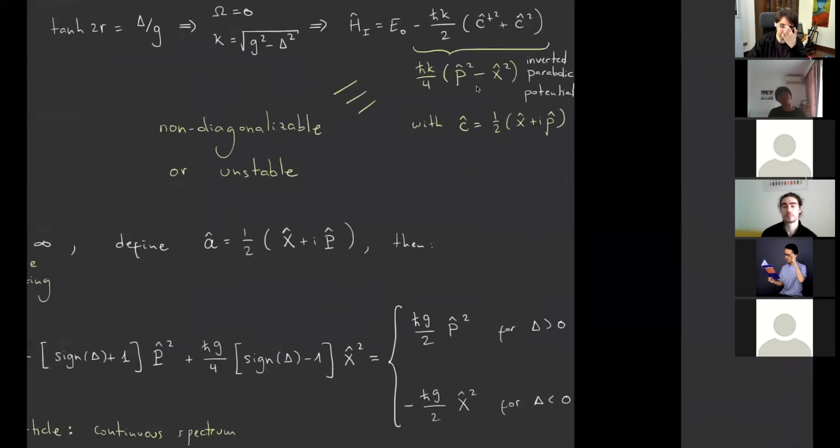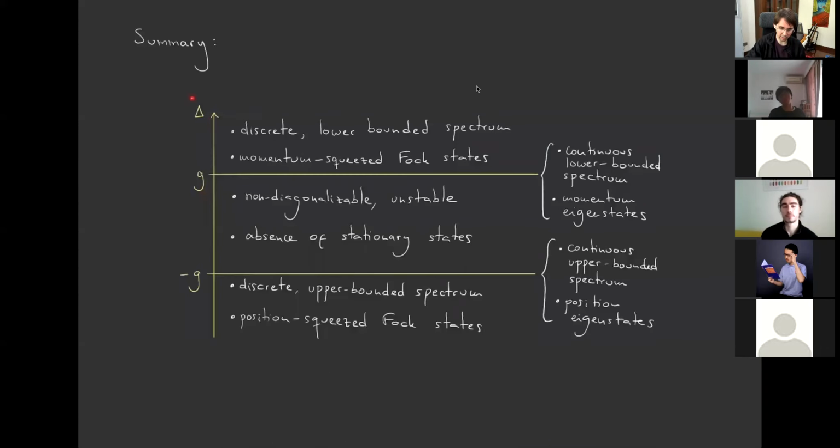So this is what we get. When delta is larger than G, we have a discrete lower bounded spectrum, and as eigenstates we have seen that we have Fock states, but not just any Fock states, but squeezed Fock states.